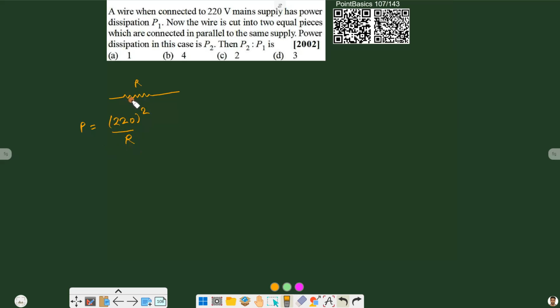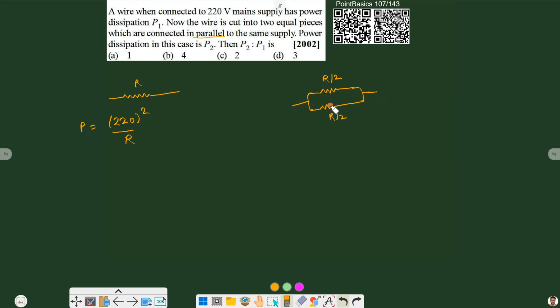Now this wire is cut into two equal pieces. So each piece will have half of the resistance. Suppose this is the first part, resistance R by 2, and this is the second part, resistance R by 2, and they are in parallel, now connected to the same supply.